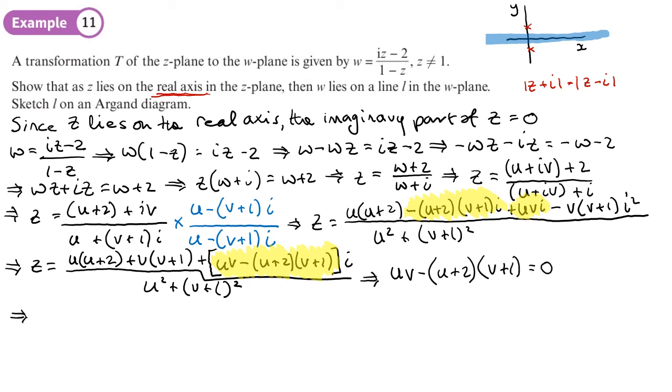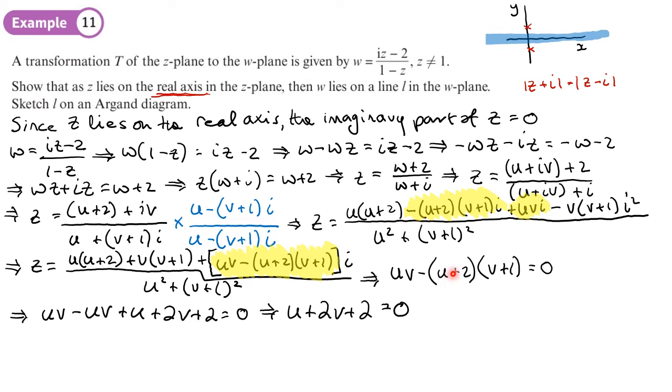Right, so we'll expand the bracket, so we'll have uv minus uv, okay, that's handy, plus u plus 2v plus 2 equals 0. Now you can see that these two terms are going to cancel out, so that just leaves u plus 2v plus 2 equals 0.